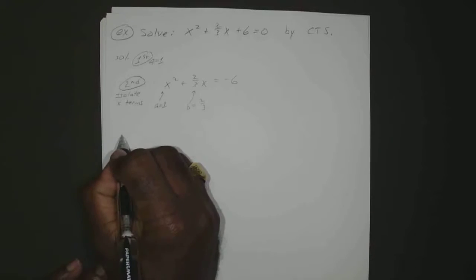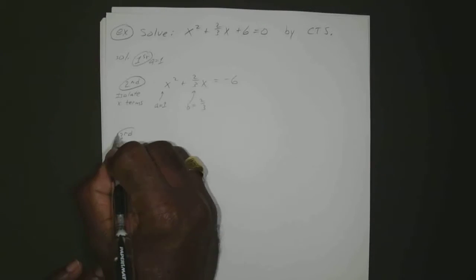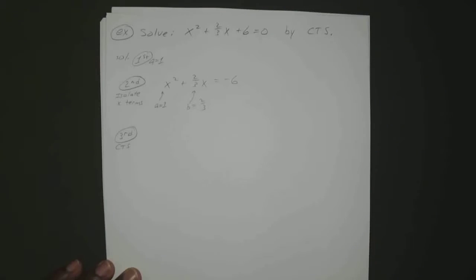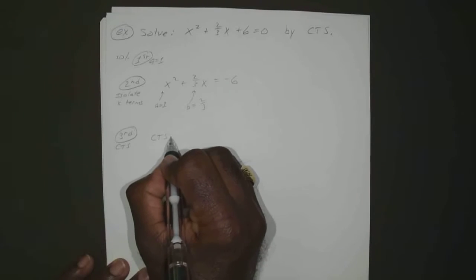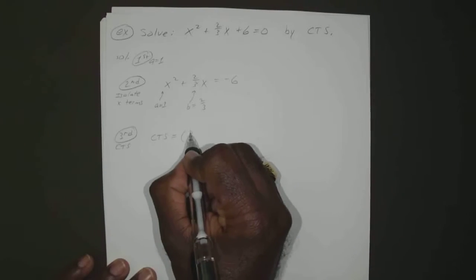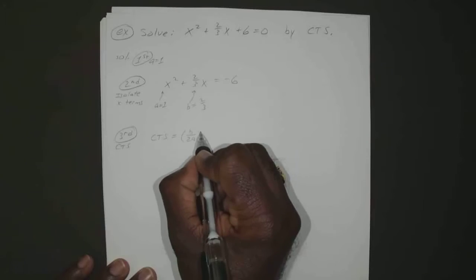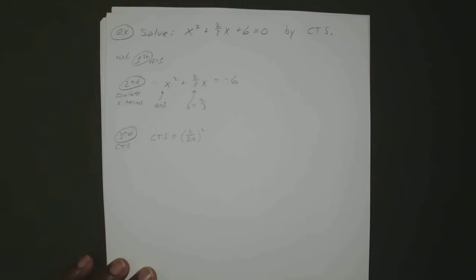Okay. So now we find our completing the square value. So remember, your completing the square value is equal to B divided by 2 times A squared.